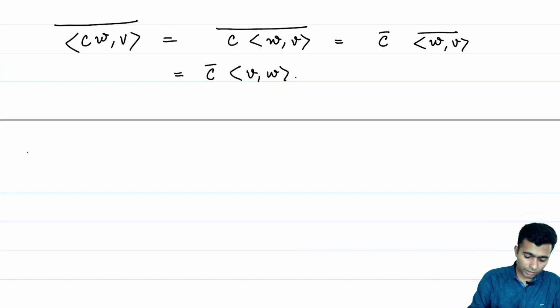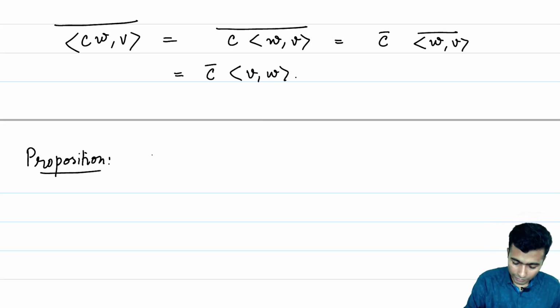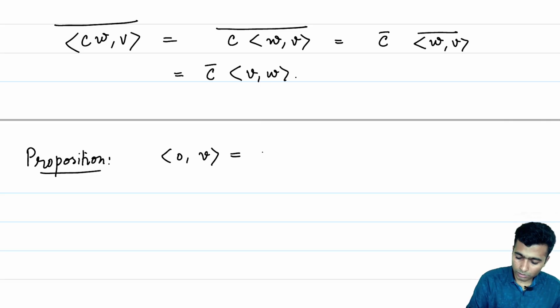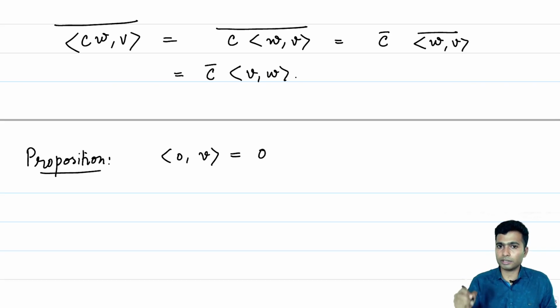Okay, one more observation. The inner product of 0 with any vector is 0. So I'll just leave that as an exercise. Let me just write it down. ⟨0, v⟩ is equal to 0. So this 0 inside the inner product is the vector, and on the RHS it is the scalar 0.